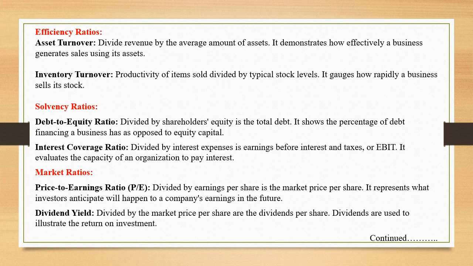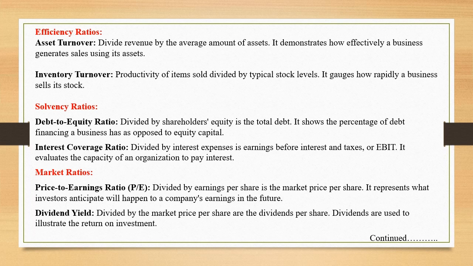Debt-to-equity ratio: total debt divided by shareholders' equity. It shows the percentage of debt financing a business has as opposed to equity capital. Interest coverage ratio: earnings before interest and taxes, or EBIT, divided by interest expenses. It evaluates the capacity of an organization to pay interest.